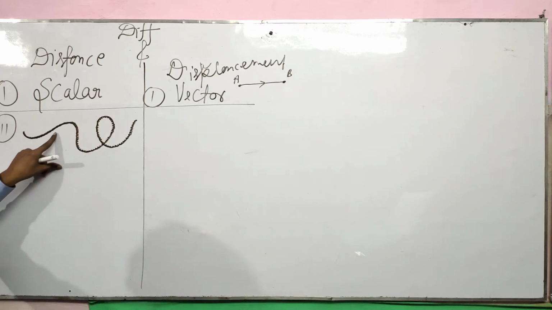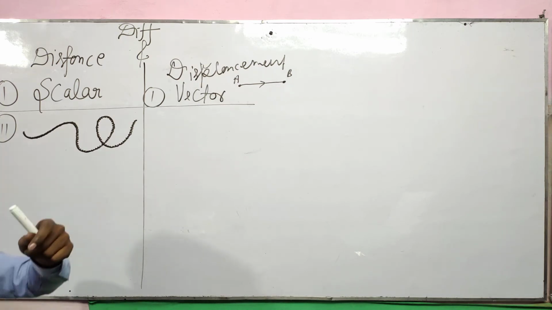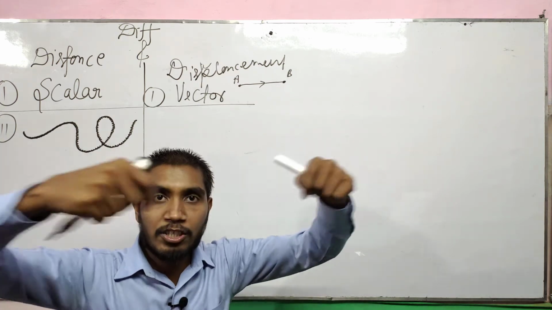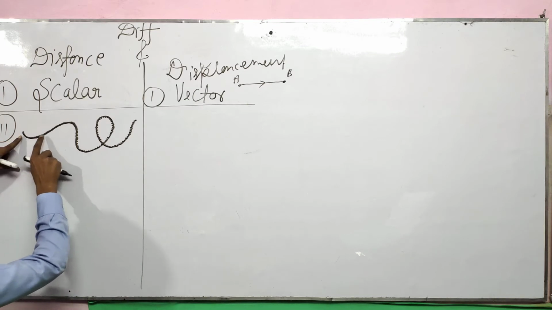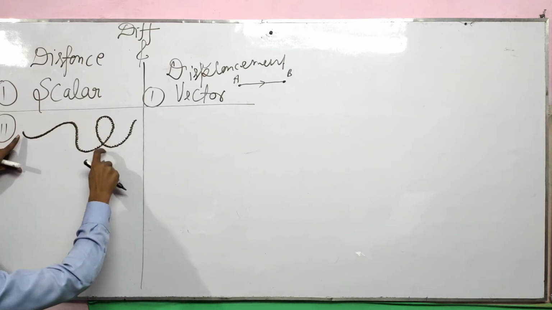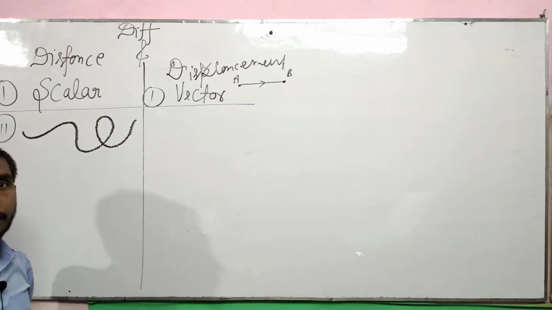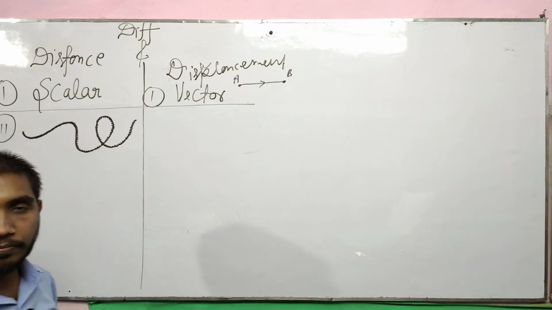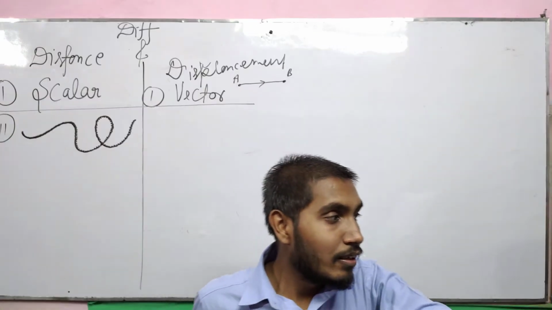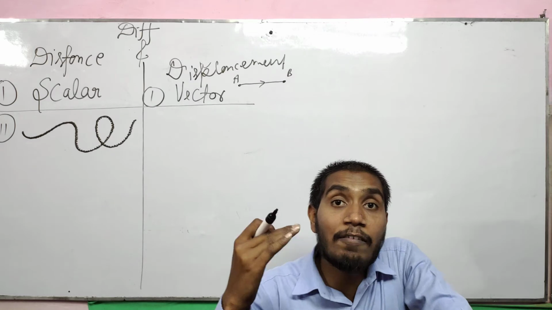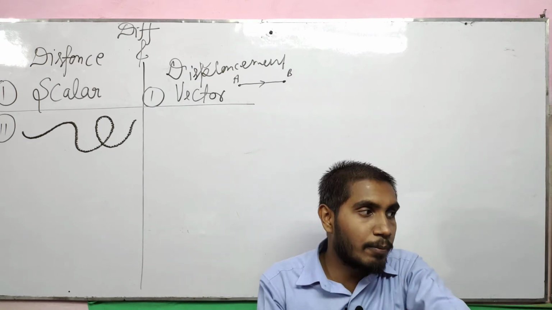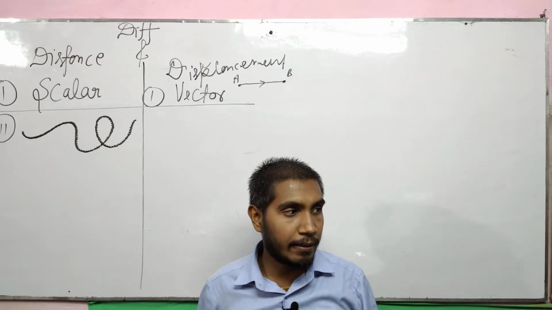Measure it all, take a string and measure it all. This is distance. Distance is equal to the length of the actual path traveled by the object in given time.